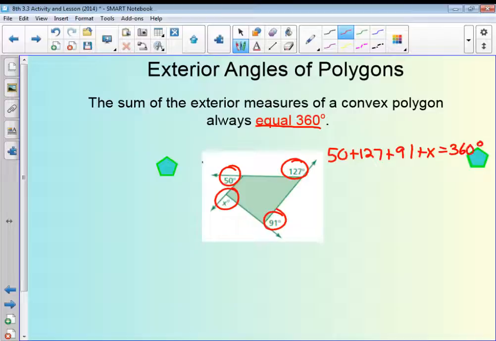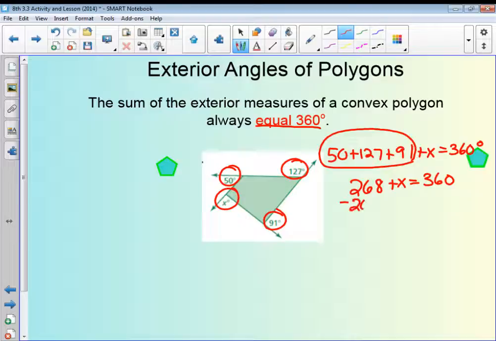Okay, so now I'm going to go ahead and combine like terms. So I've got 50 plus 127 plus 91. When I do that, I get 268 plus X equals 360. Now I'm going to go ahead and get X by itself. So minus 268, it's gone.